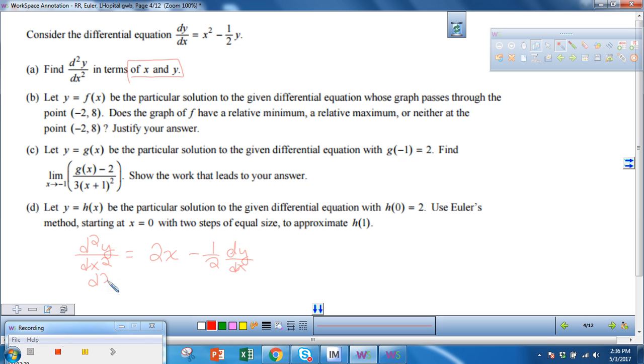So the second derivative is equal to 2x minus 1/2, and my original derivative is x squared minus 1/2 y. And you don't have to go any further. That is all you need for that, and you got 2 points for this, and I think it was all or nothing. So either you got this and you got 2 points, or you didn't. So it's all or nothing.